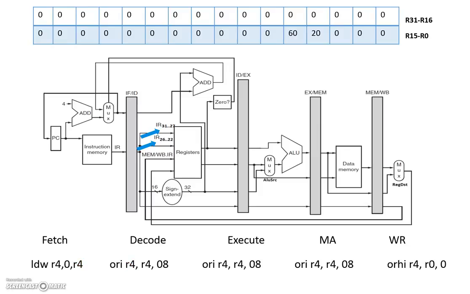Now the same instruction ORI R4, R4, 08 will be passed on to the next stages till the write back stage occurs, and the instruction in the write back stage and the fetch stage is the same, which happens in this clock cycle. Write back value 08 will be fed to the register, and the new instruction add R5, R0 will be accepted.